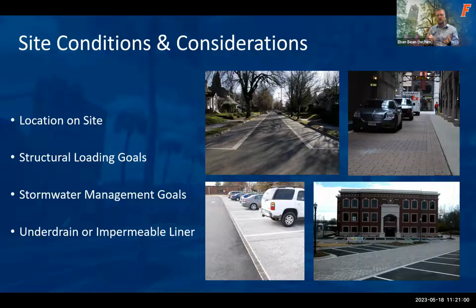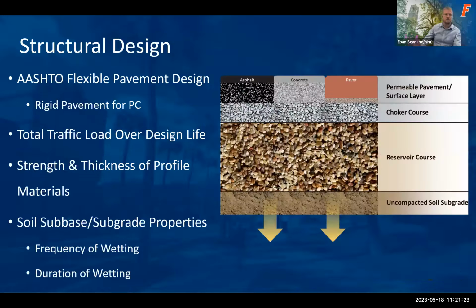So they designed it to support the heavy loading coming through there, but that has to come into play during the design. And then looking at our stormwater management goals, whether those are volume or water quality type goals, and then determining if our soils require us to include an underdrain or an impermeable liner, and making sure that is included in that design process.